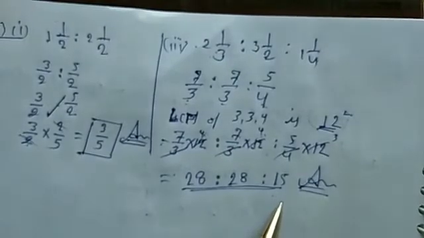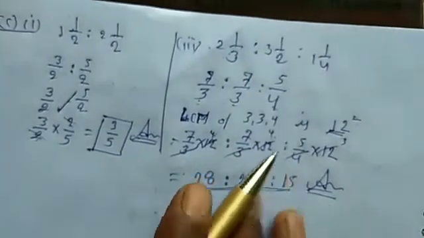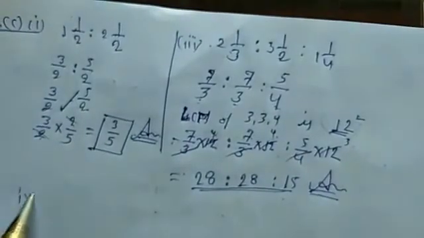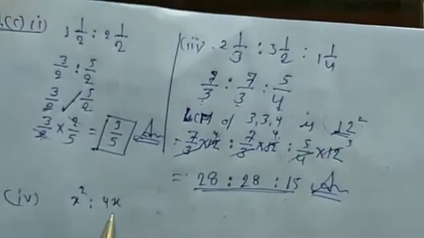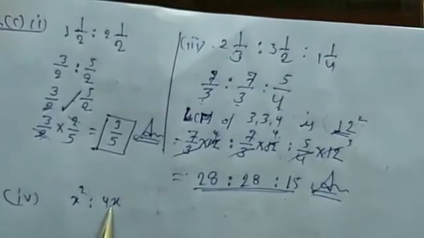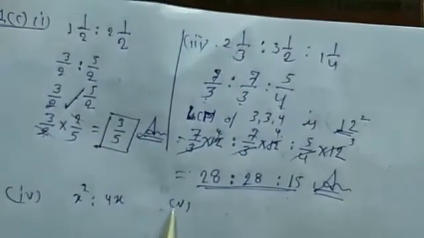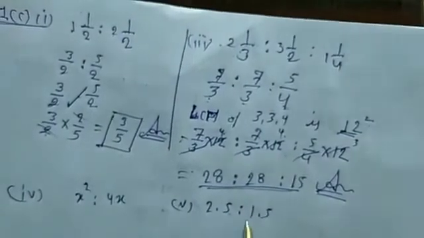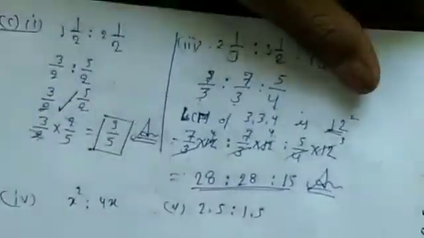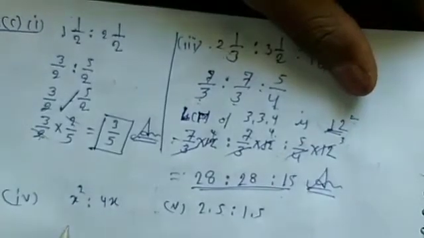Now next part is part C, sub part 4. This is x square ratio 4x. In the next question, fifth part, 2.5 ratio 1.5. Very simple parts are there. X square means what?